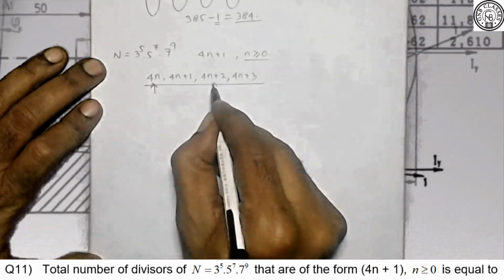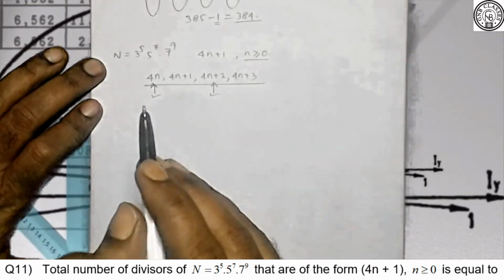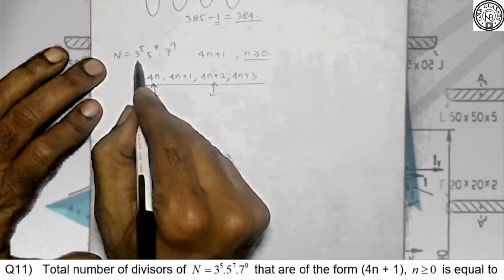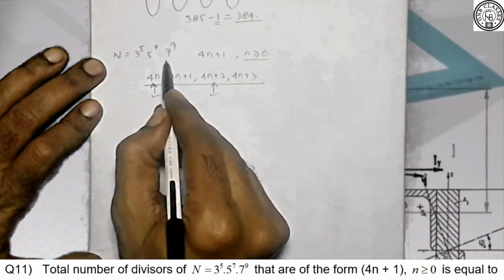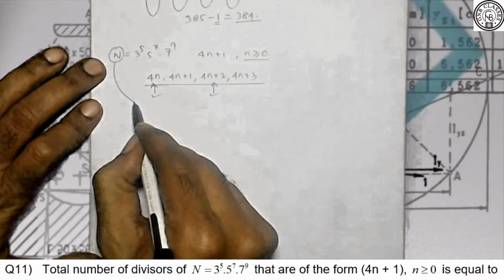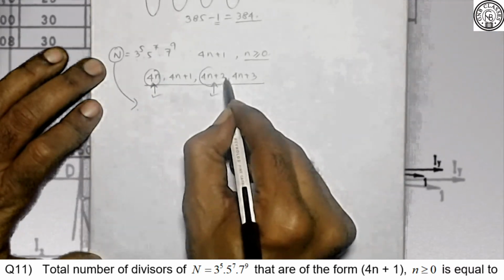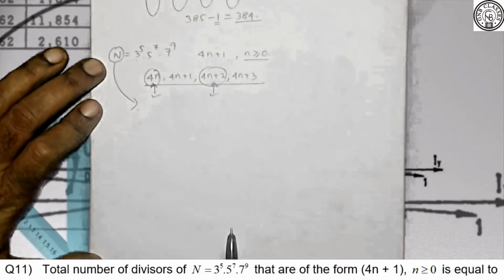Okay? Now, 4n and 4n plus 2, these two are even numbers. Under any circumstances, by taking any digits any number of times, the divisors that you will get for N will be neither of the form 4n, nor of the form 4n plus 2. Yes or no?